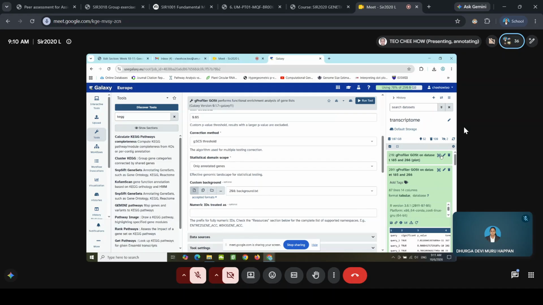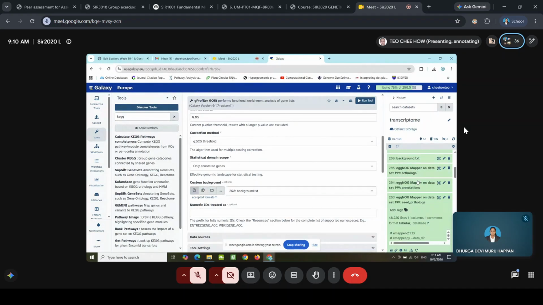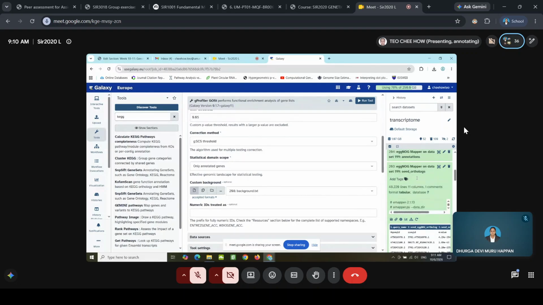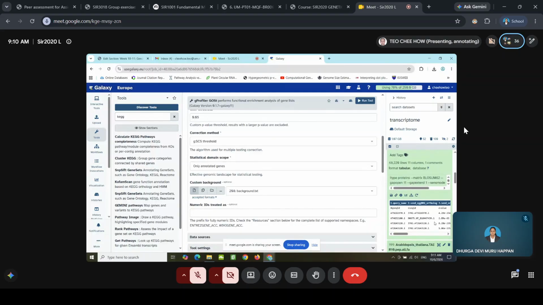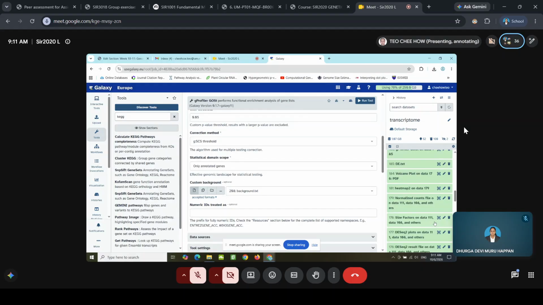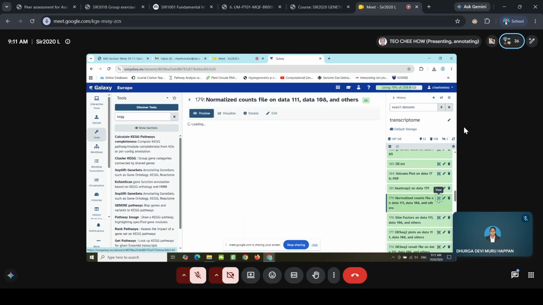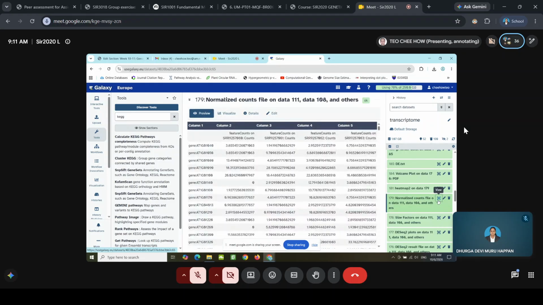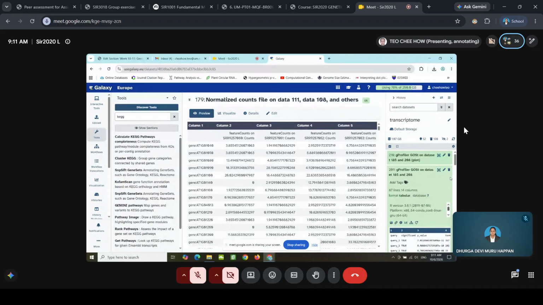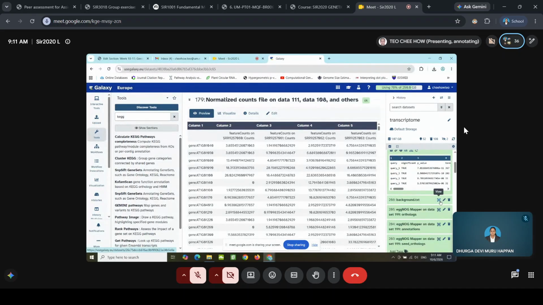The background file is the gene that is expressed in a particular data set. From the normalized data here, you need to take the gene ID of all the genes, and make it as a list like this.